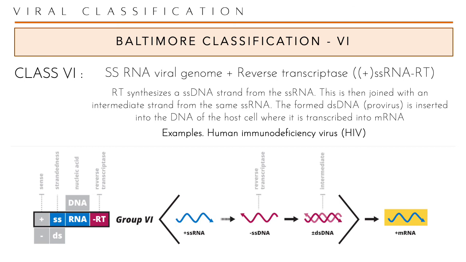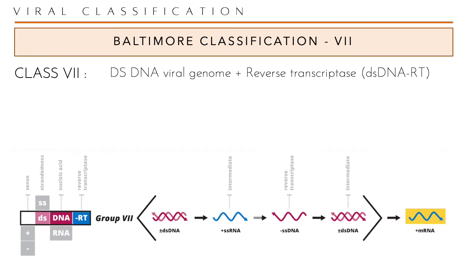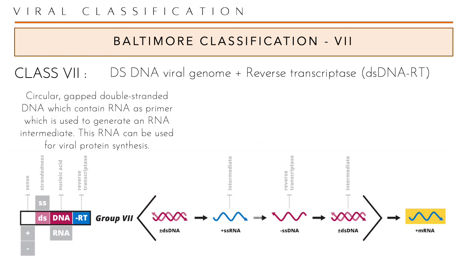Okay. The class 7 is made up of a double-stranded DNA viral genome, which carries reverse transcriptase as well. Now, example of this is a Hepadnavirus. The double-stranded DNA is morphologically circular and it is gapped, meaning it has spaces between it.